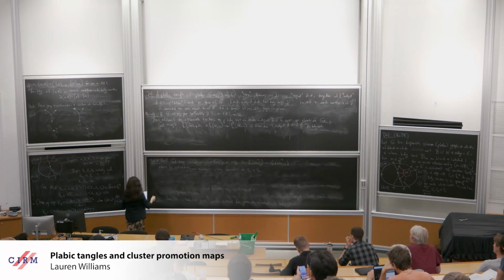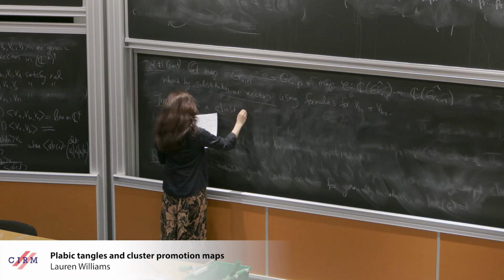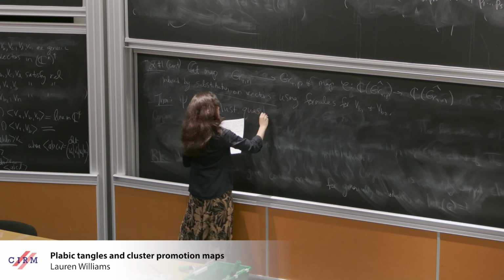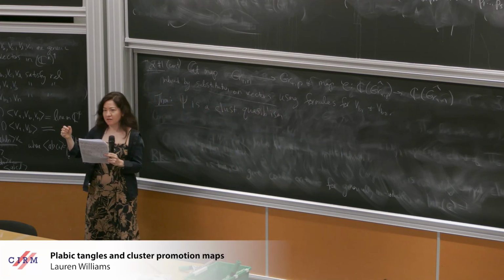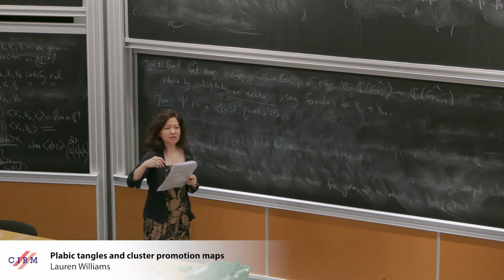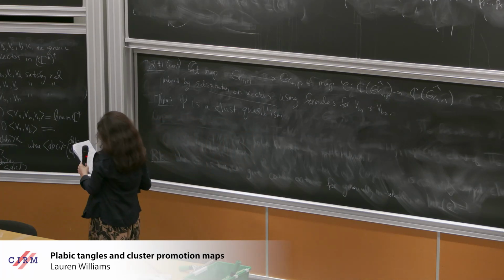The theorem is that psi is a cluster quasi-homomorphism, meaning that it's compatible with the cluster structure. So it'll take a cluster variable to another cluster variable up to a Laurent monomial in frozen variables.